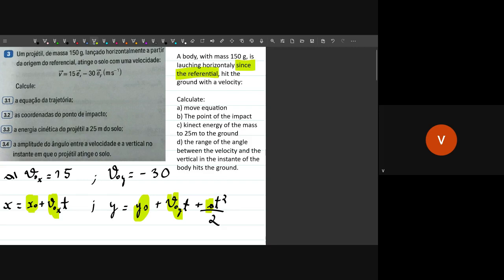And is a going to be -10 or 10? Negative 10 because we consider up positive.